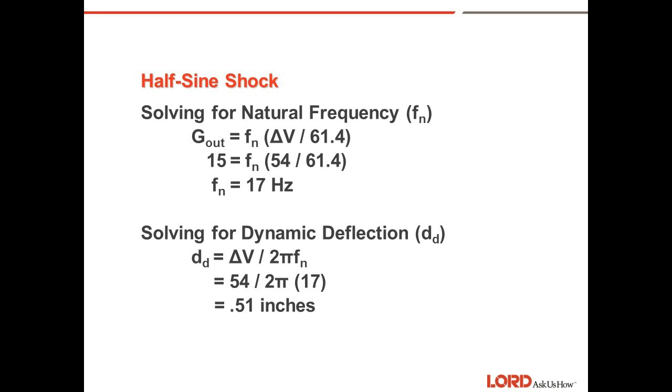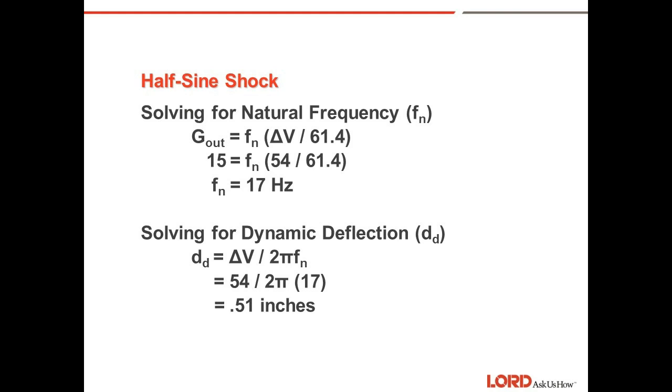We can now use that to determine our natural frequency. G's out is equal to natural frequency times the change in velocity divided by 61.4. Plugging in our knowns, we have G out of 15 equals Fn times 54 divided by 61.4. Solving for Fn, the natural frequency is 17 Hertz.